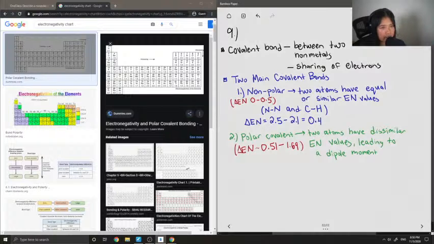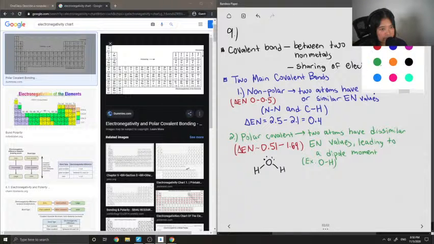So let's write out the example of water. So the water molecule is a polar molecule, and the bond between oxygen and hydrogen is also polar as well. So we can also calculate the difference in electronegativity for oxygen and hydrogen.